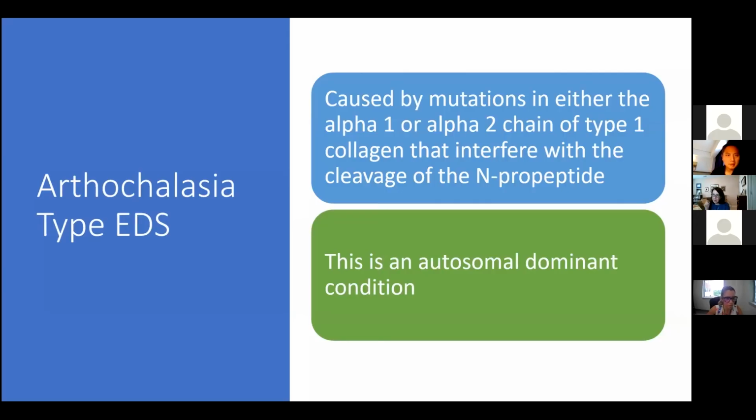And these variants are in a very specific location that interferes with the cleavage of the N-propeptide. So this is an autosomal dominant condition, the arthrochalasia type. It can be caused by either COL1A1 or COL1A2 variants.